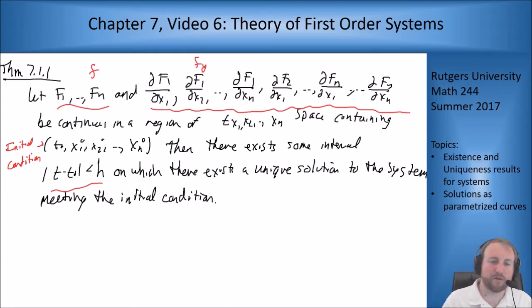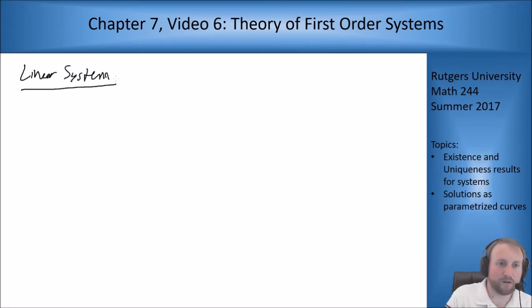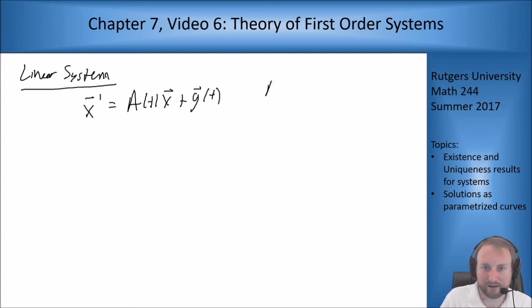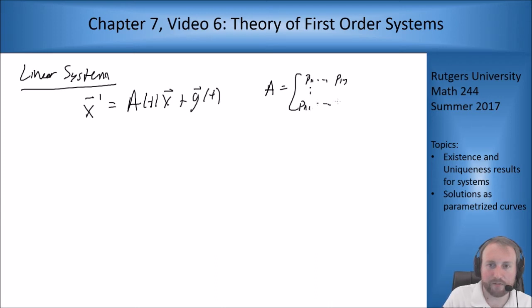Now we can also go on and talk about our linear system, which is something that looks like x prime equals A of t x plus g, where A is the matrix with entries P11 through P1n down to Pn1 through Pnn.